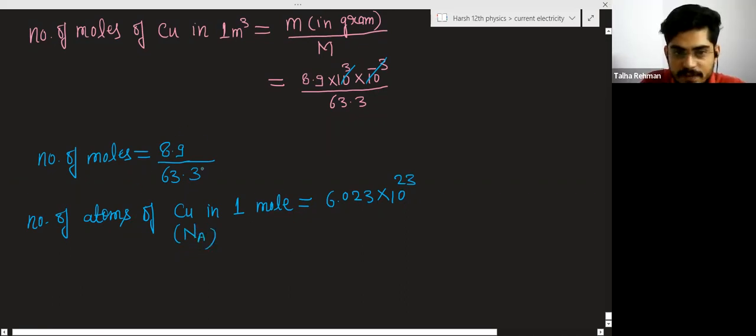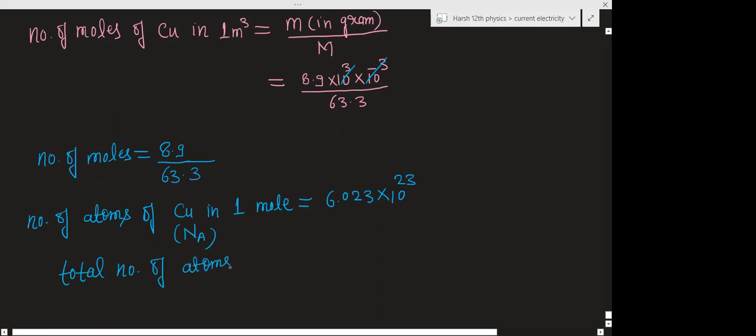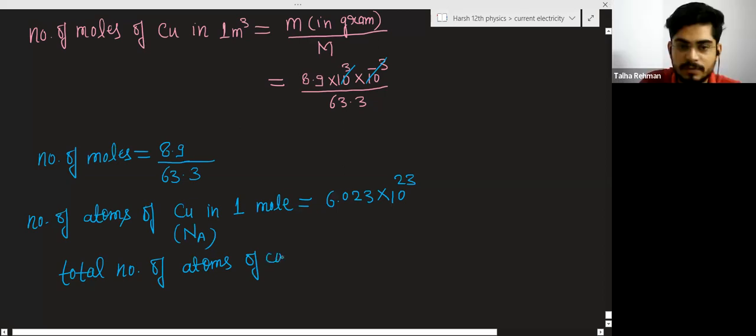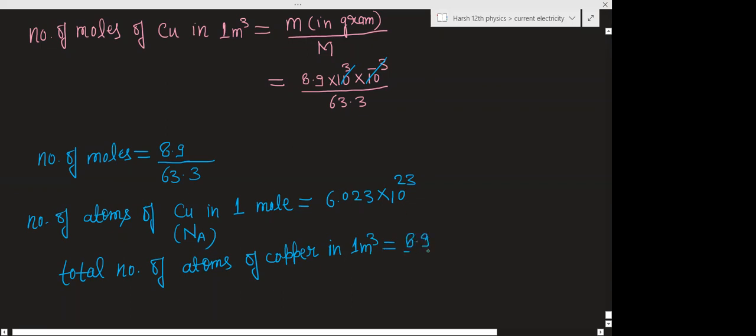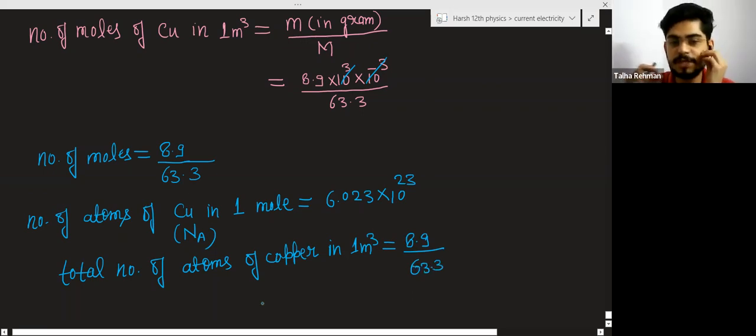If you want to calculate the total number of atoms of copper in 1 meter cube, you multiply the number of moles with the Avogadro number. Why are we multiplying? Because in 1 mole we have this many atoms, so for this many moles we multiply by 6.023 into 10 to the power 23.